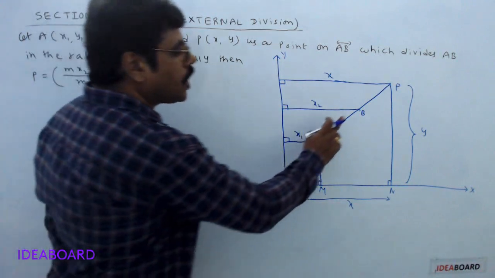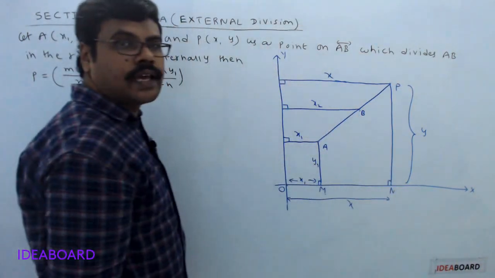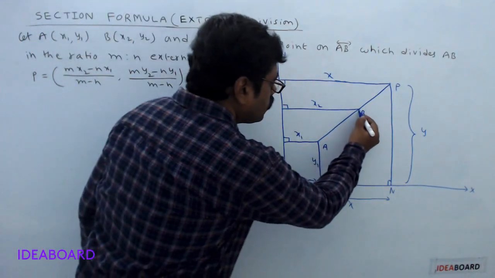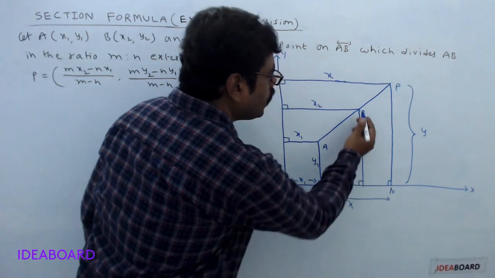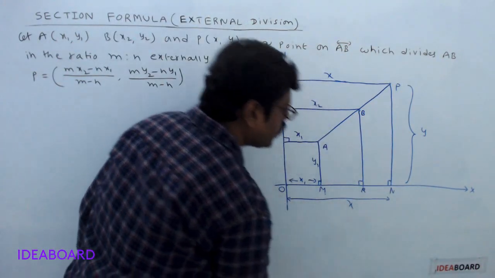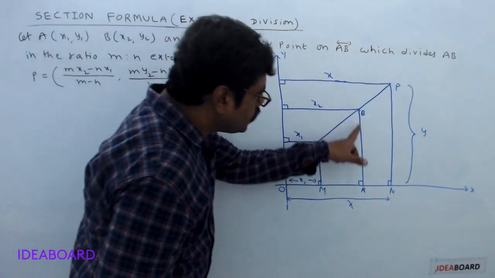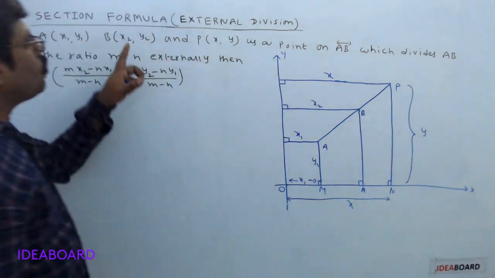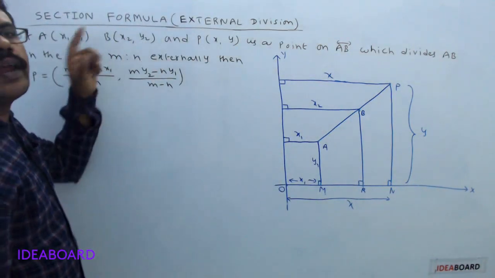Once again, draw a perpendicular from the point B onto the x-axis. Now this is the perpendicular from the point B onto the x-axis. Denote this point with the letter R. So from the definition of y-coordinate, this length will be taken as the y-coordinate of B. What is the y-coordinate of B? y2.